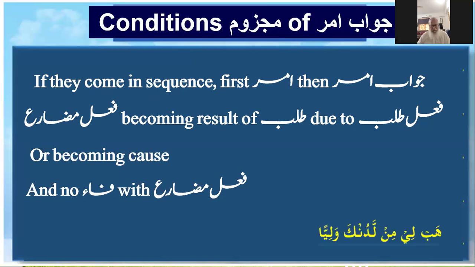Habli min ladunka waliya. Look, habli min, this word min is coming. Min is a shart. Ladun is the chain between that, but there is no fa, though after that, ladun is a verb or ism?